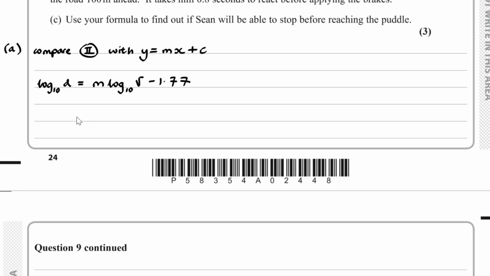And the key is over here to recognize that minus 1.77 is the same as minus 1.77 times by 1. So maybe if I write this in a different colour, hopefully you can recognise that.